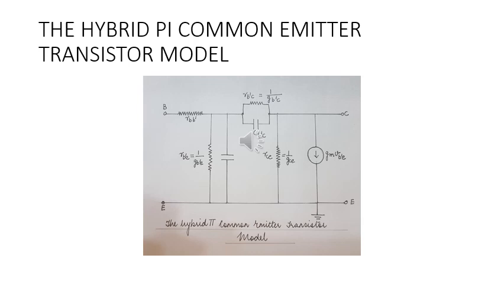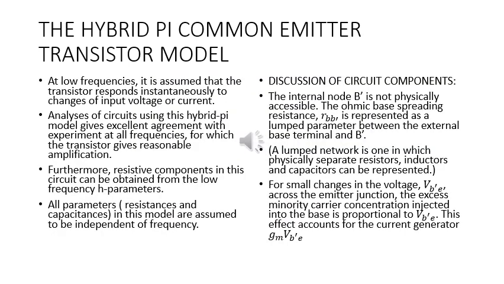Connected between the base and the collector, we will have a capacitance Cb'c and a resistive effect rb'c. In the output, we have rce as a conductance and gm Vb'e as a current generator.